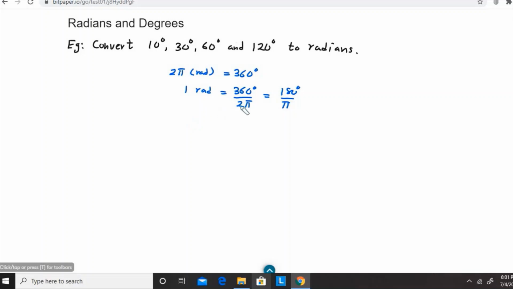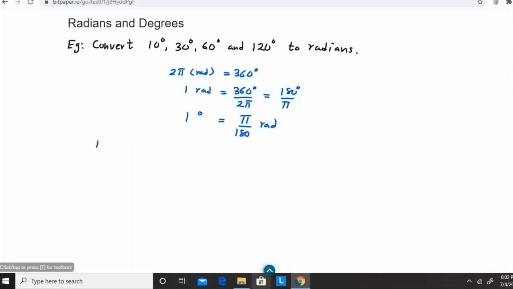And another important relationship is 1 degree is equal to pi over 180 radians. I basically inverted this to solve for 1 degree. So I'm going to use this in order to convert these degree values into their radian values.